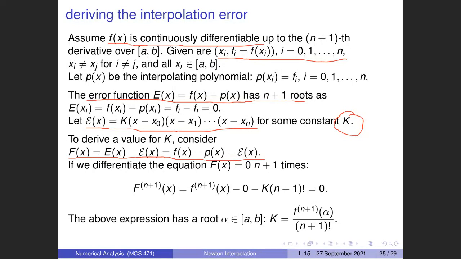So in order for this to be 0, there is a root. And that root will give us the value for K. So what is most important here is what I'm going to box in now. So that is the expression for this big K.